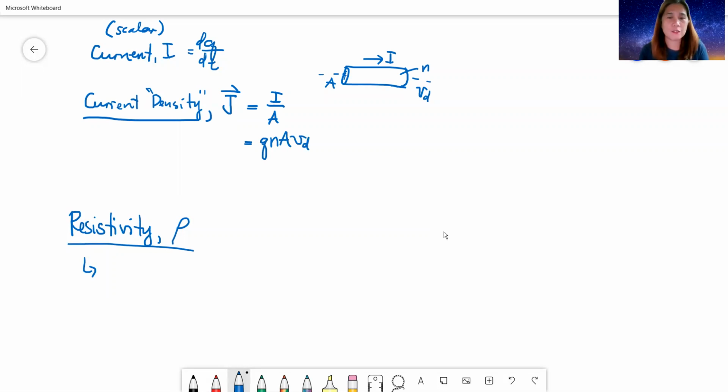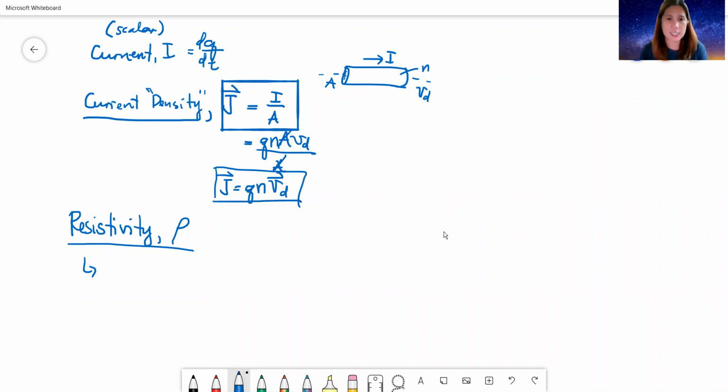If we divide this by area, the current density can also be determined by multiplying the charge, the electron density and the drift velocity. Whatever the direction of the drift velocity is, that is also the direction of the current density.